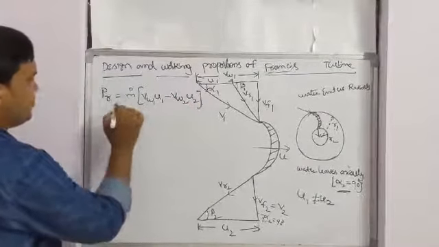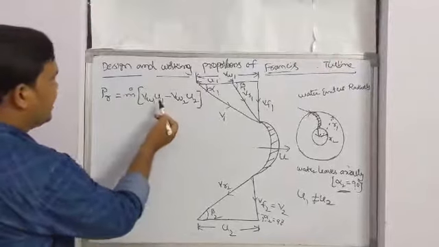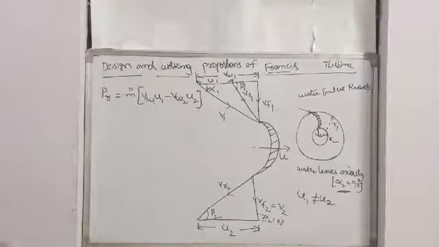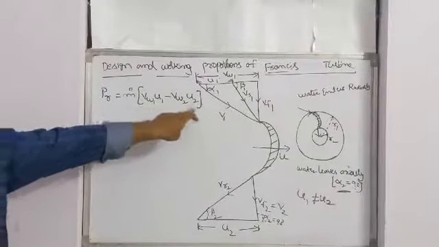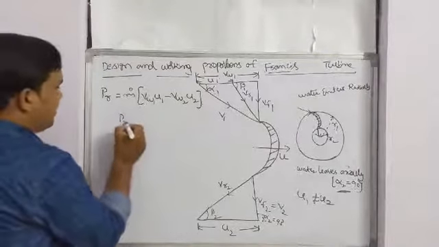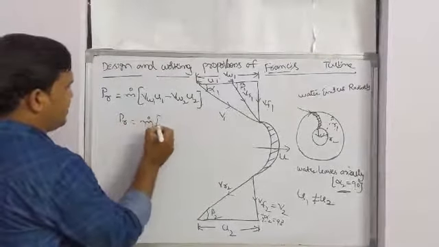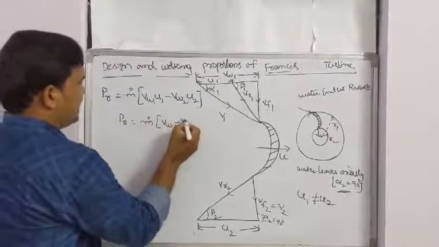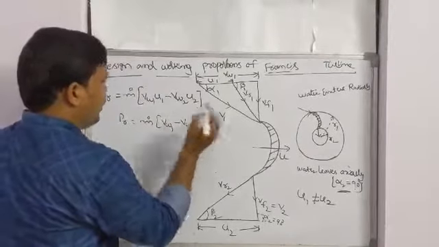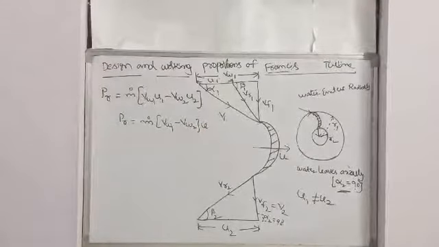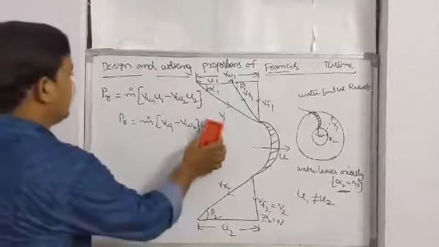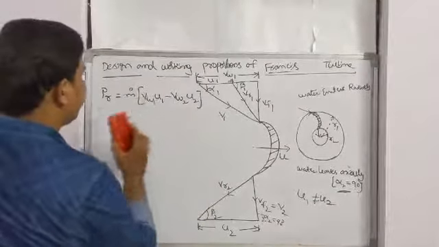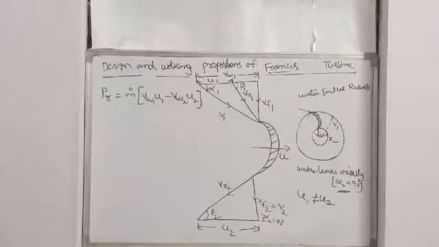If it is a turbine, a power developing device, it is VW1 U1 minus VW2 U2. In the Pelton case, U1 and U2 are the same, that's why in Pelton, runner power is equal to (VW1 minus VW2) into U. But in a Francis turbine, U1 is not equal to U2, that's why we write VW1 U1 minus VW2 U2.